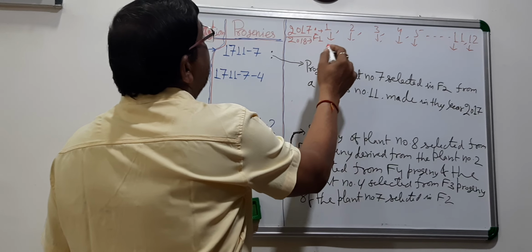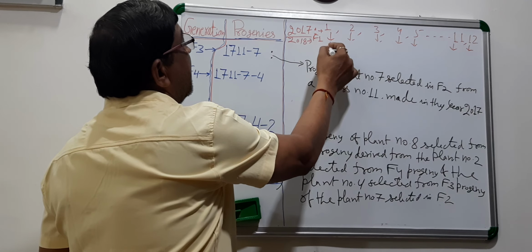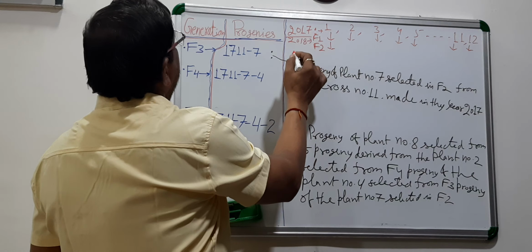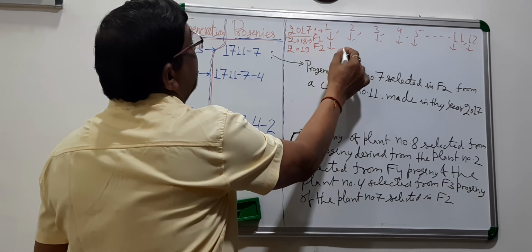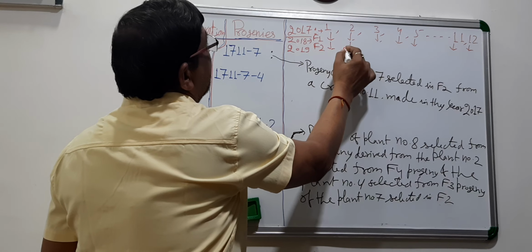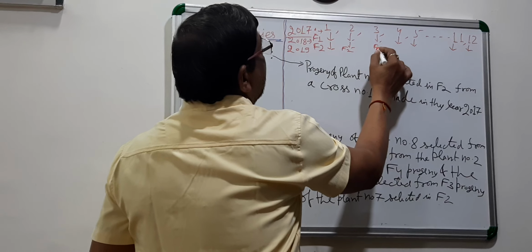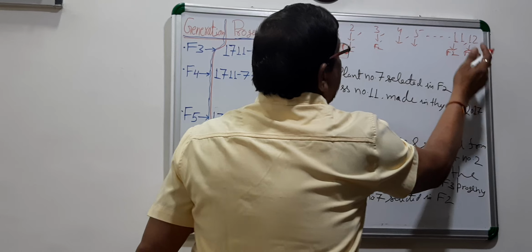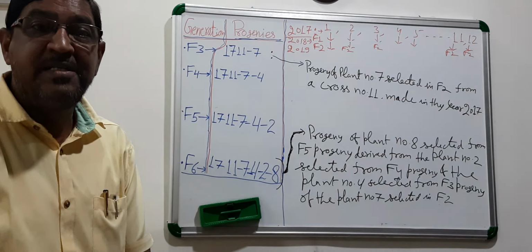So say for example, you have selfed F1, you have got F2. In 2019 you have obtained F2. You have grown F2 in 2019.